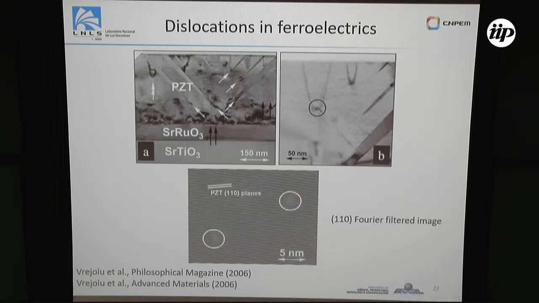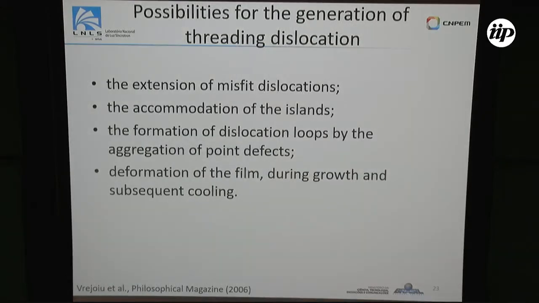And these are 3D dislocations. This 3D dislocation may appear when you have an accommodation between islands, or the formation of loops, or when you are growing the sample, actually when you are cooling the sample, this 3D dislocation may form.